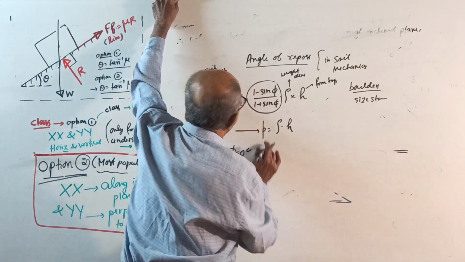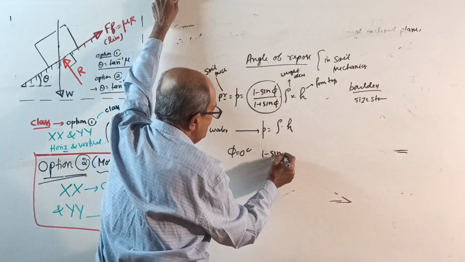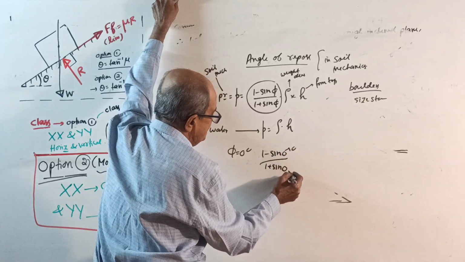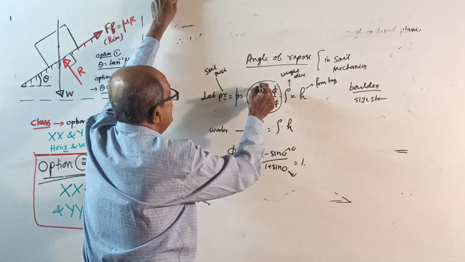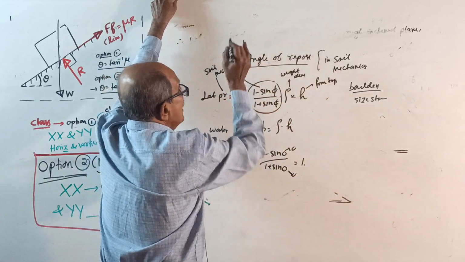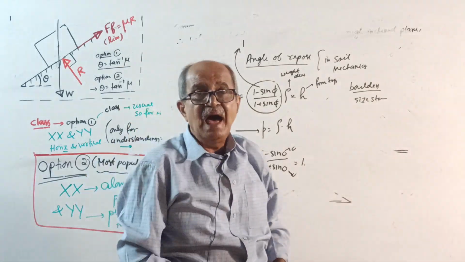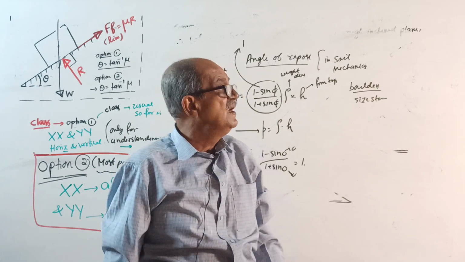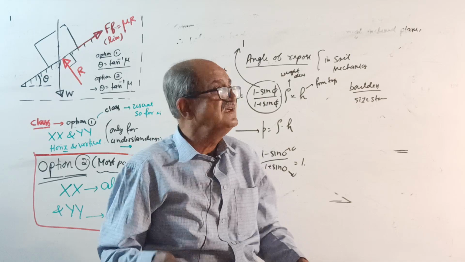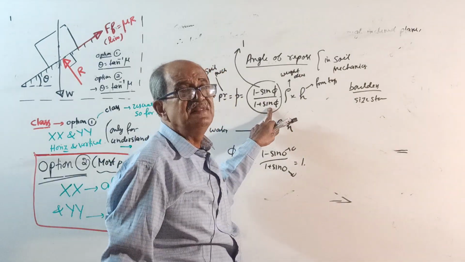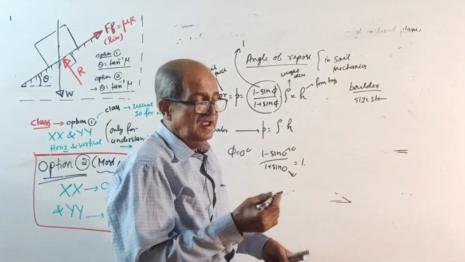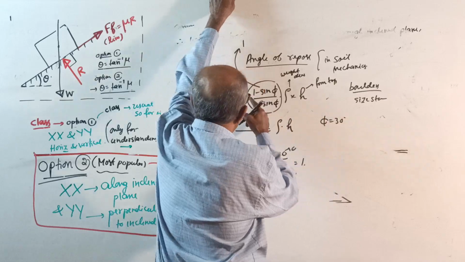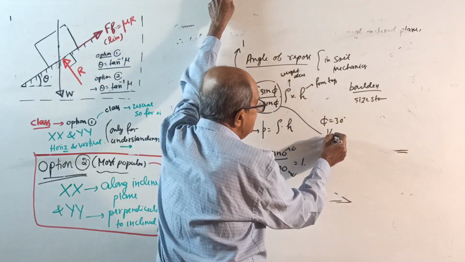When phi is 0 degrees, 1 minus sin 0 divided by 1 plus sin 0, with sin 0 equal to 0, equals 1, so this term becomes 1. Therefore lateral pressure for water is maximum, whereas for soil or anything else it will reduce, since this number is always less than 1. The very popular phi in soil mechanics is 30 degrees, then this will come to 1 by 3.